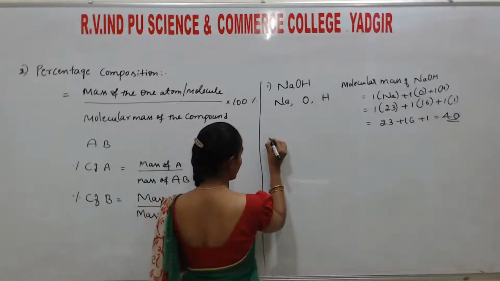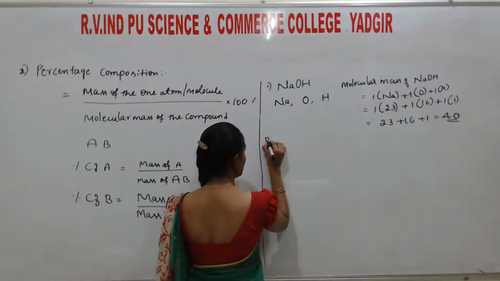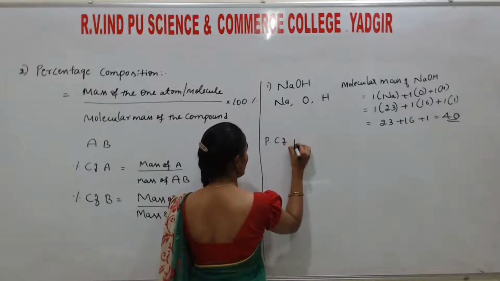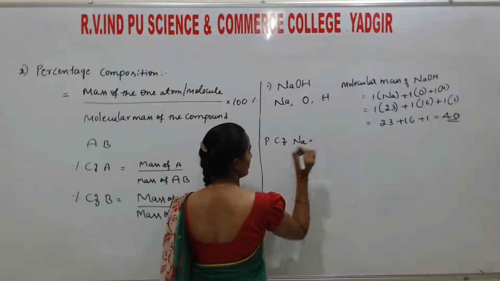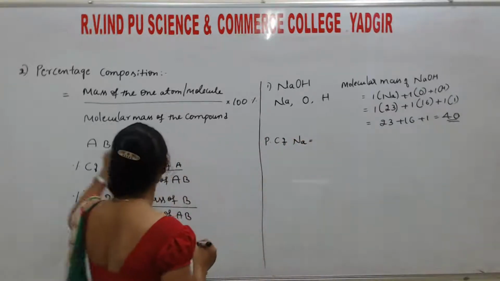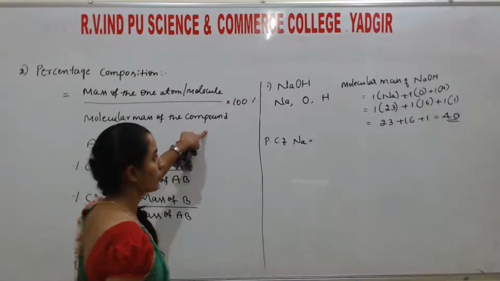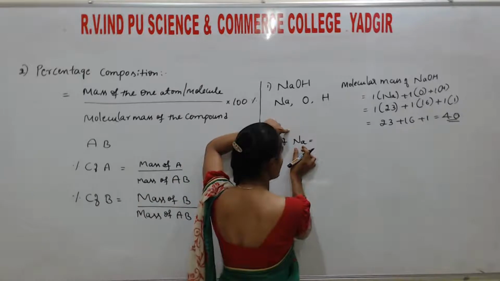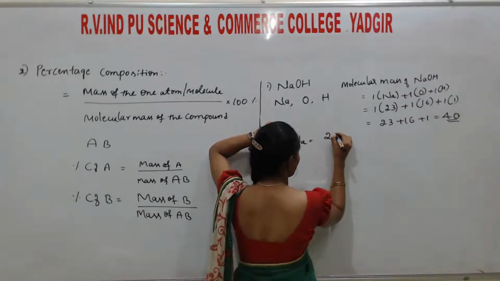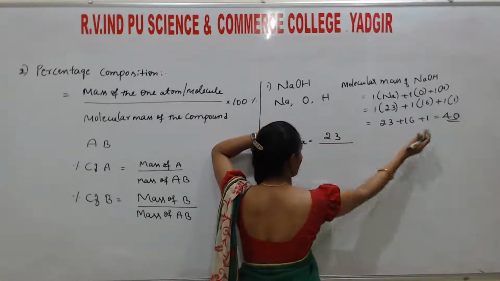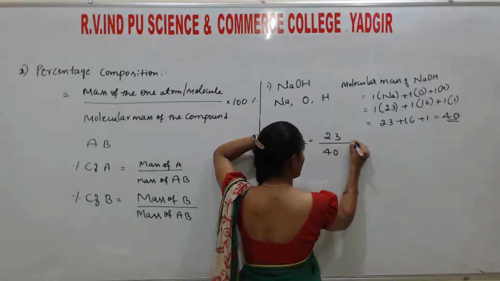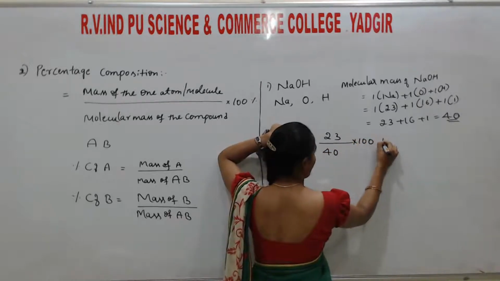Okay, so first, percentage composition of sodium. What is the formula? Mass of the one atom to the molecular mass of the compound. Here we take sodium, mass of sodium is 23 divided by mass of the compound, 40, into 100%.